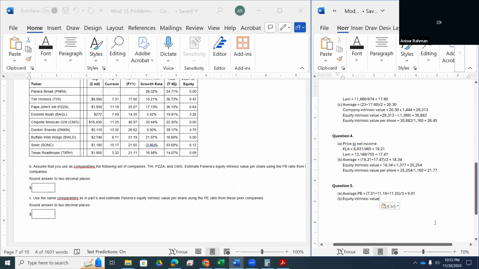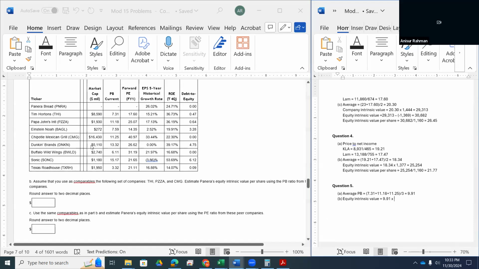So equity intrinsic value. We need to multiply this by book value.